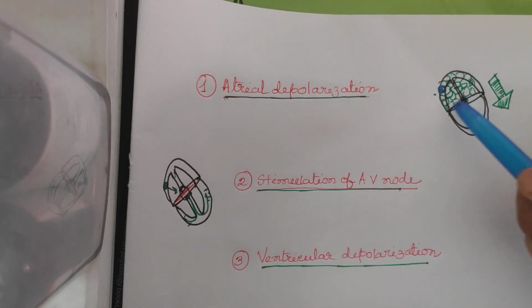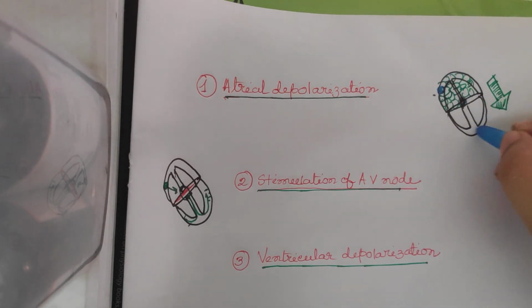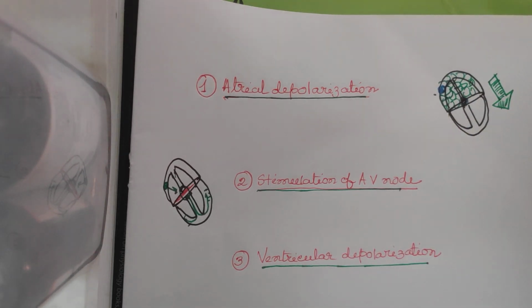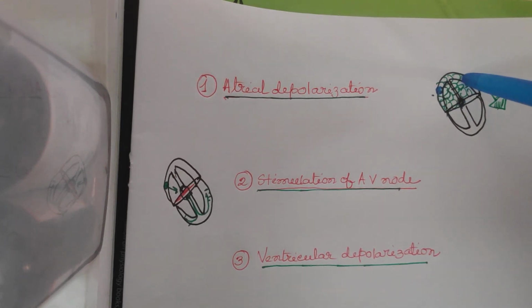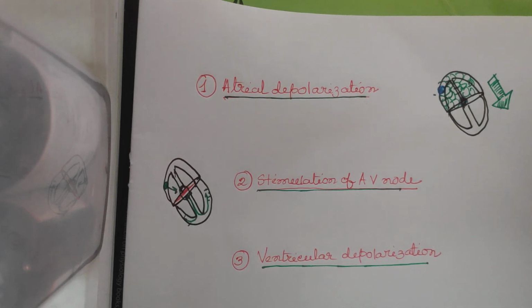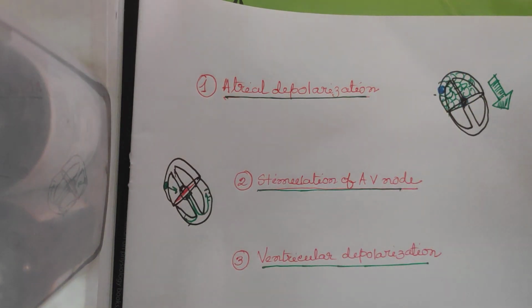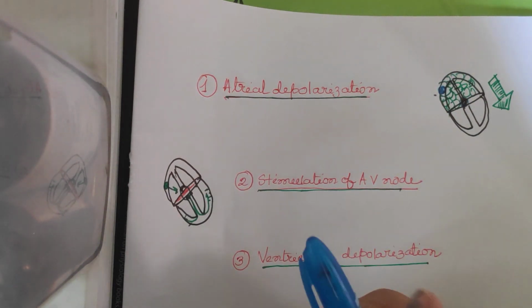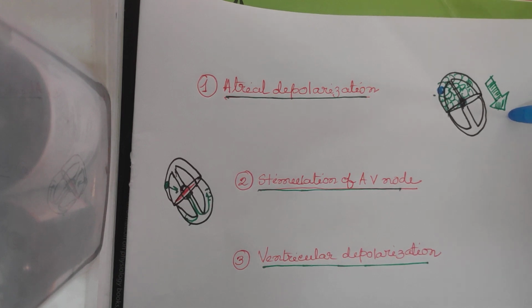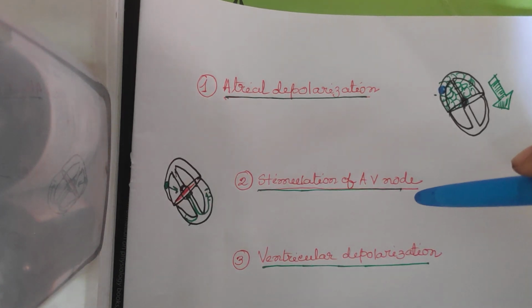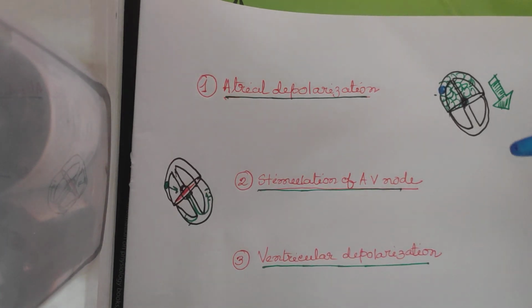And what about the speed? The ventricles have specialized conducting cells like Purkinje fibers, which have the fastest conducting velocity, but no such cells are present in the atria, so their velocity will be slow. So how can we qualify the atrial depolarization vector? Its direction is downward and to the left. It is small and of moderate velocity.